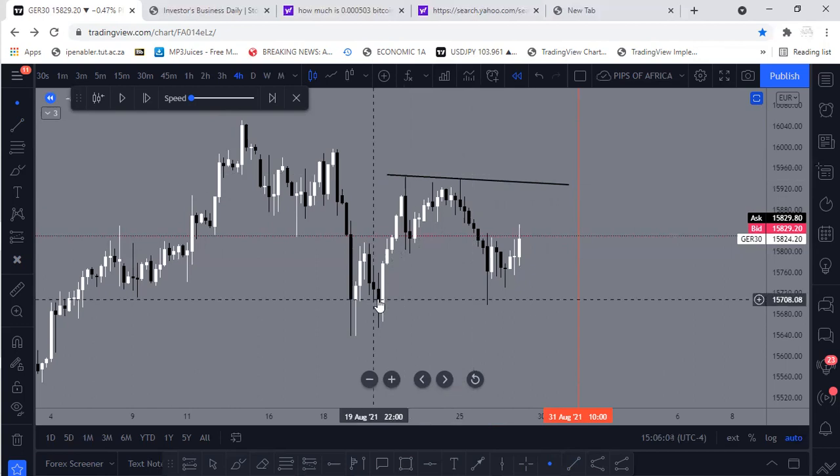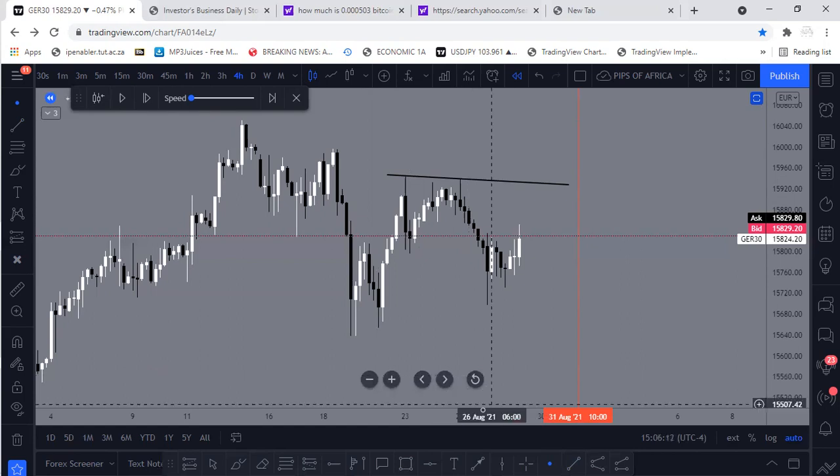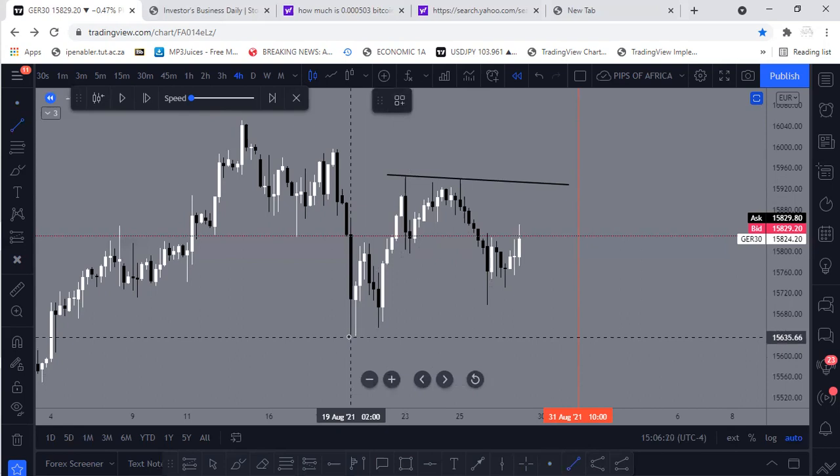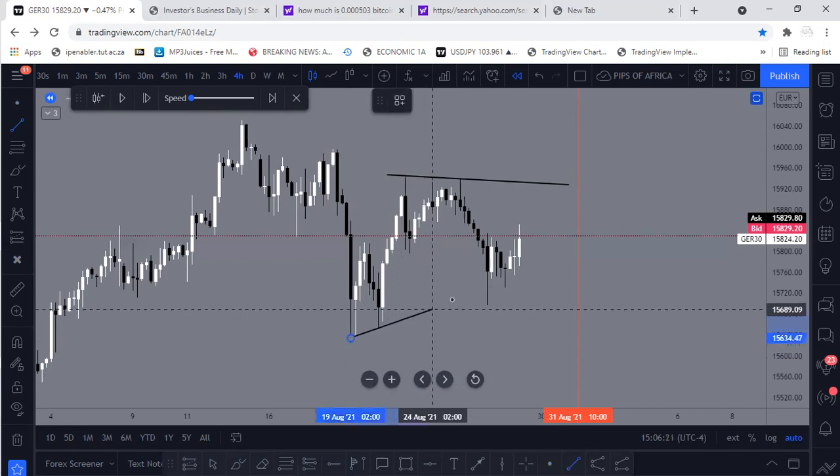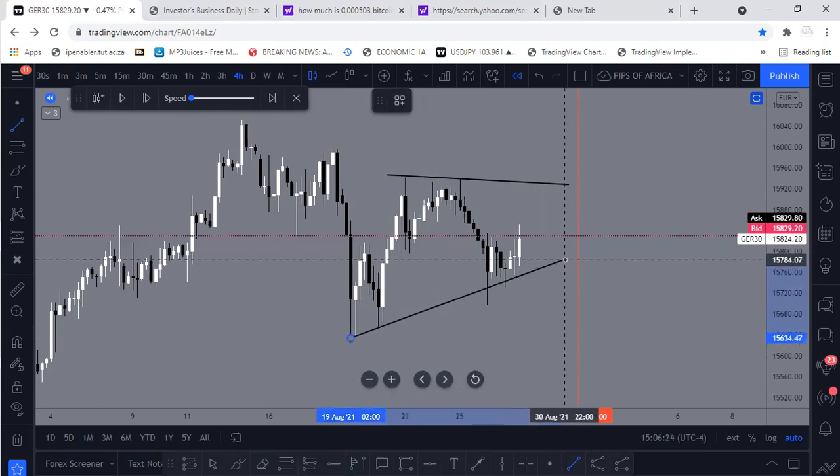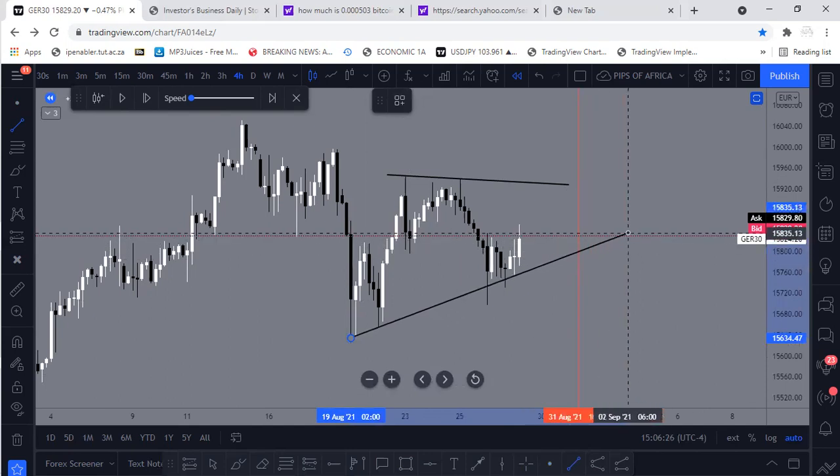But check what happened here. All right. I want to show you the secret of these things. Even here, there was this support, which was here. There was a support and resistance here.